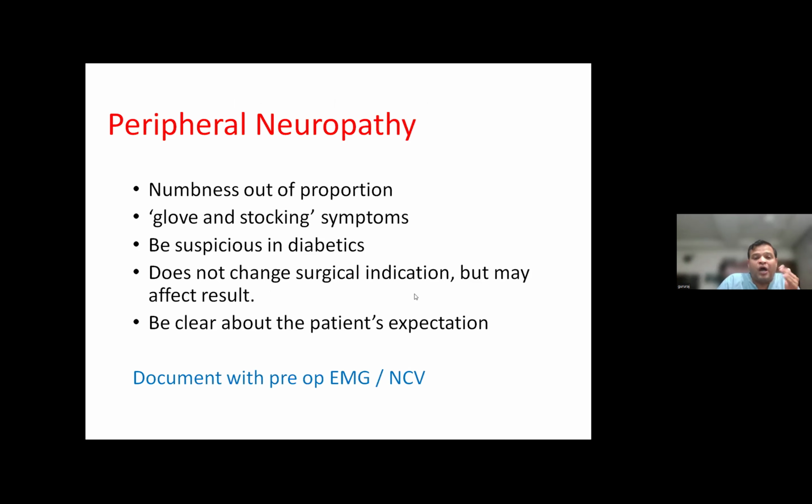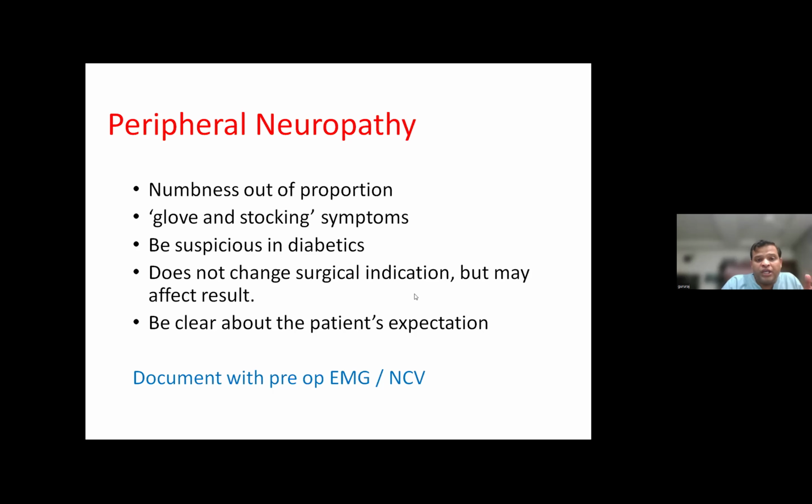So how to suspect whether they have a peripheral neuropathy? That is, if the numbness is out of proportion to their radiological features, and if they have symptoms only in glove and stocking areas, be suspicious, especially in diabetics.